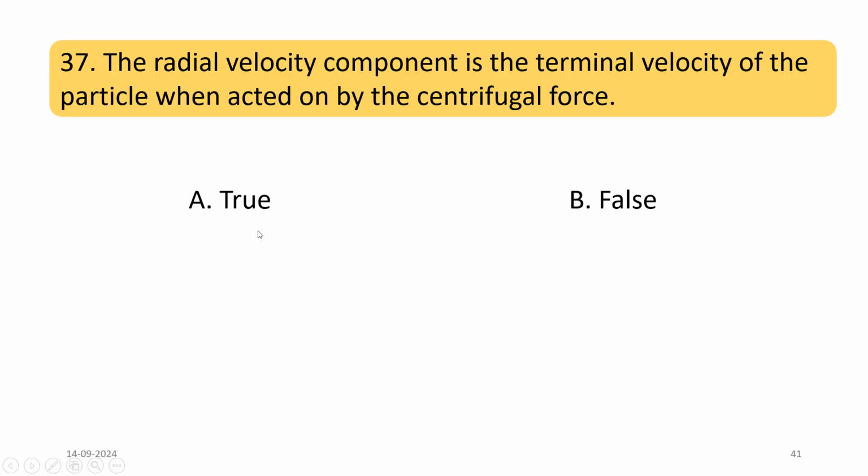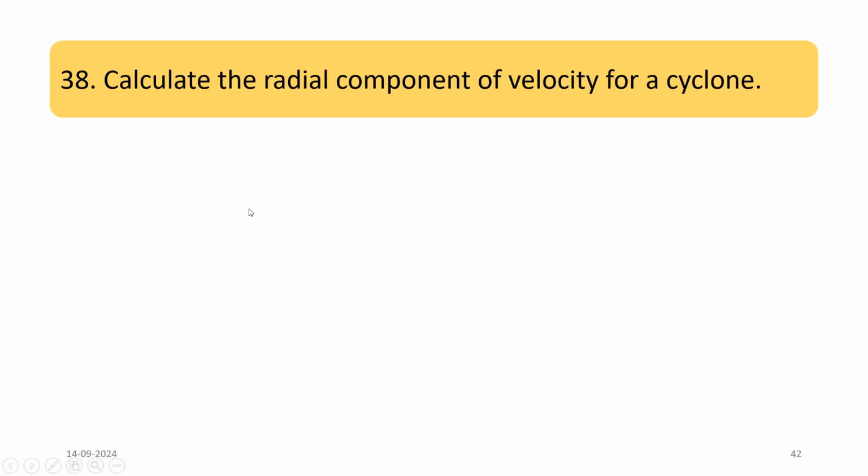The answer is true. Radial velocity acts as a terminal velocity inside a centrifuge or cyclone separator. Next, calculate the radial component of velocity for a cyclone.